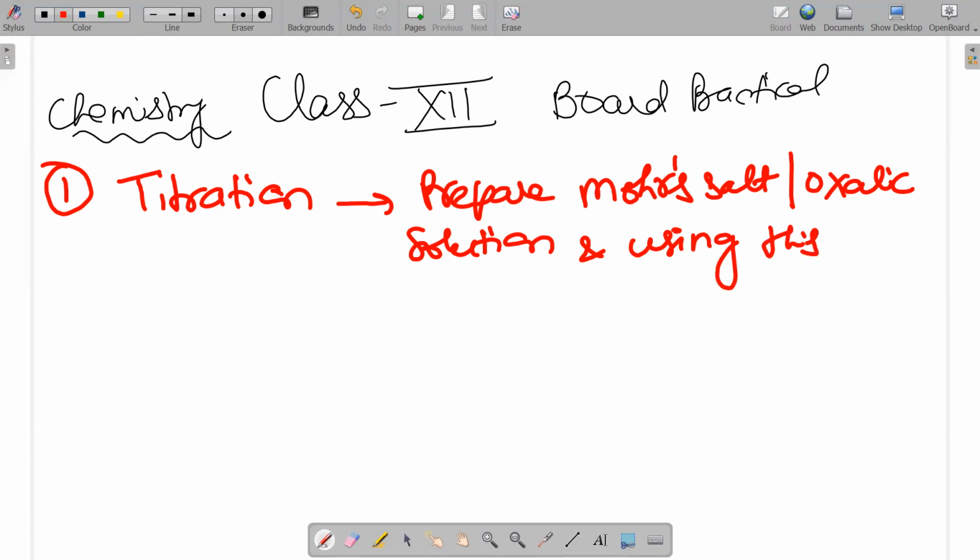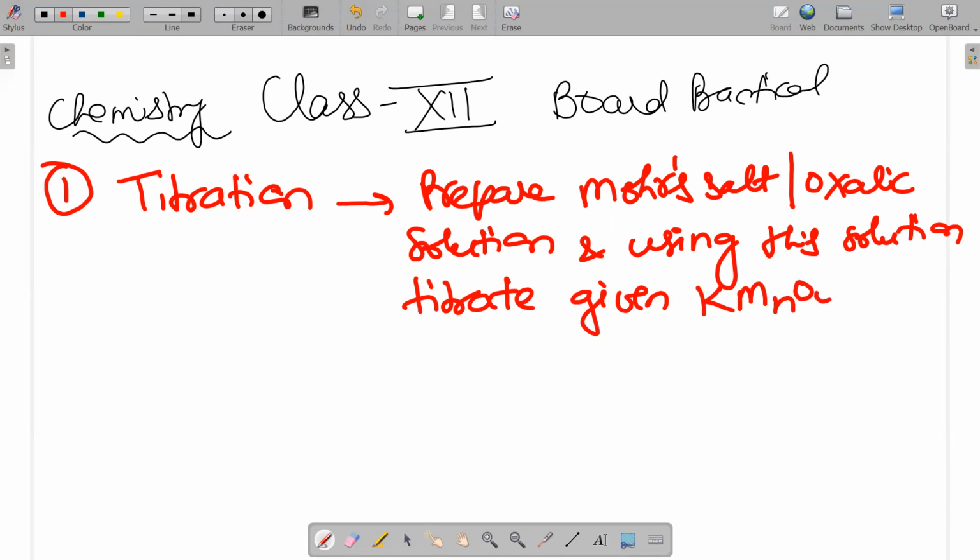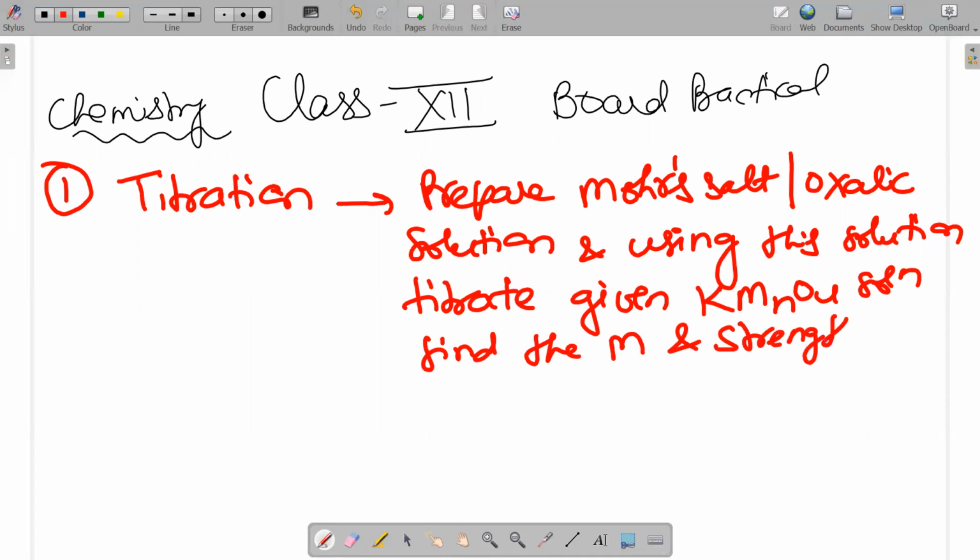you have to titrate the given KMnO4 solution and find the molarity and strength of the given KMnO4 solution.